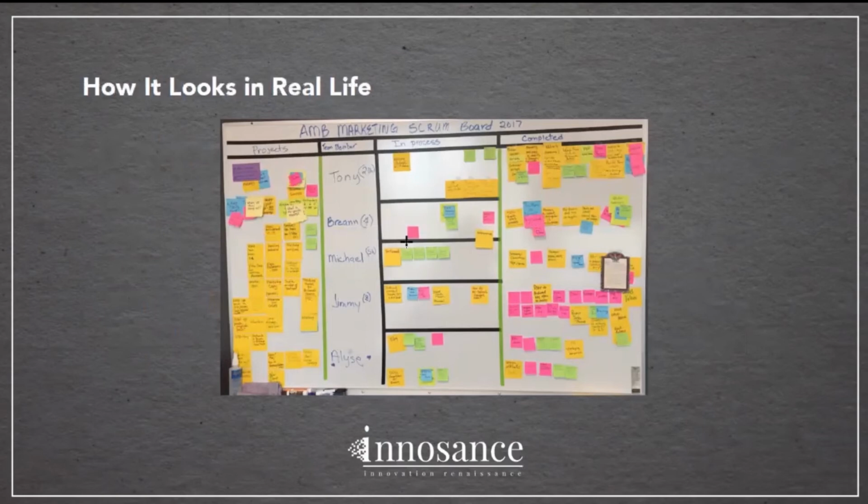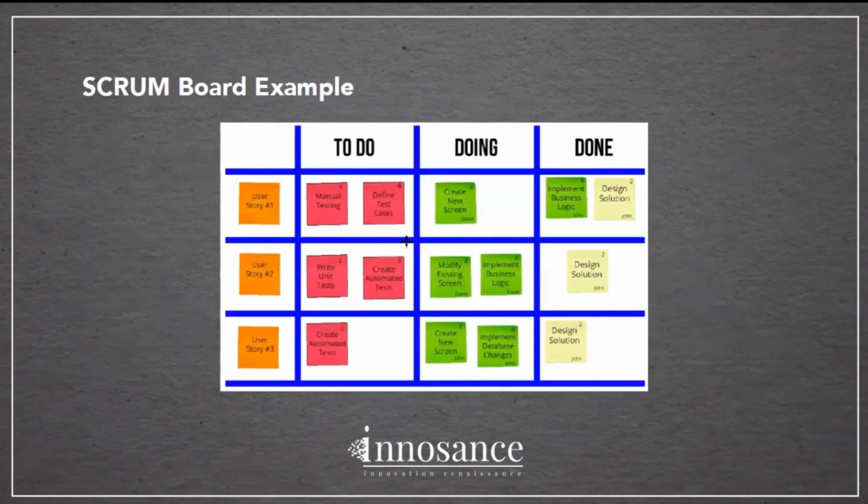But the very first, the most important, and the must tool is a Scrum board. This is the most important tool, and I think I successfully answered your question, Garrett. So this is the most important tool.